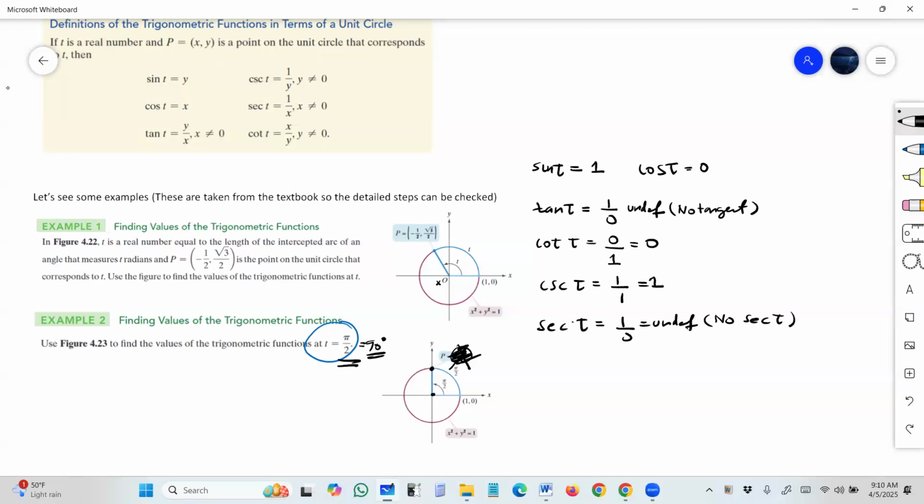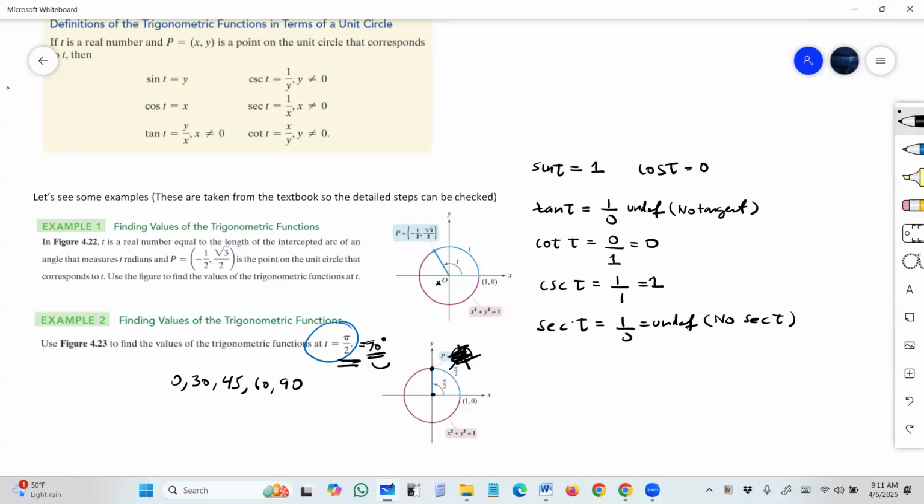All right. So based on just the angle, even if they don't give us the point itself, we can still find the value of all the functions. For 90 degrees it's pretty easy, and you know the values that we're supposed to know. We have to know the values of 0, 30, 45, 60, and 90, and the multiples of these values when they turn out to be known angles.